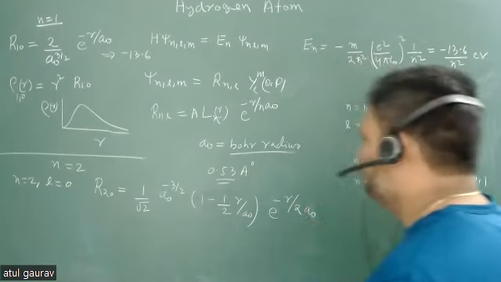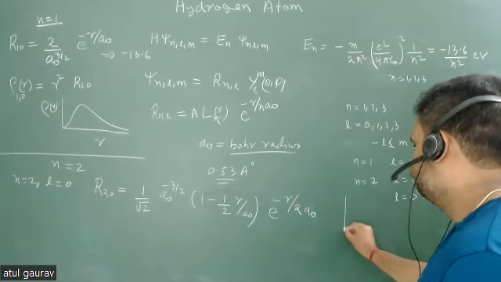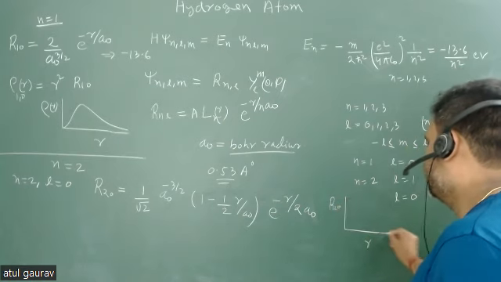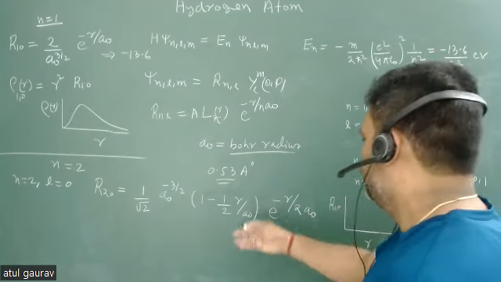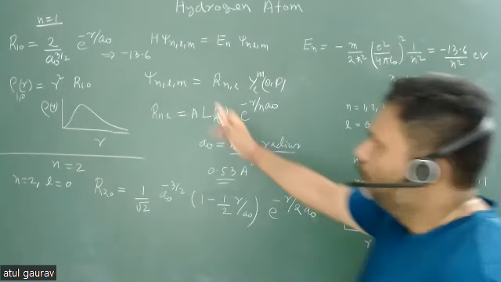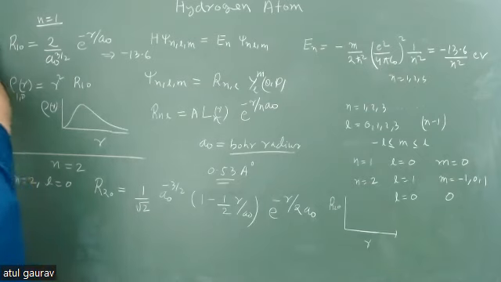If you have this particular wave function, then you can try R20 versus r. You will start from some point, and if you plot it, it will be something like this.